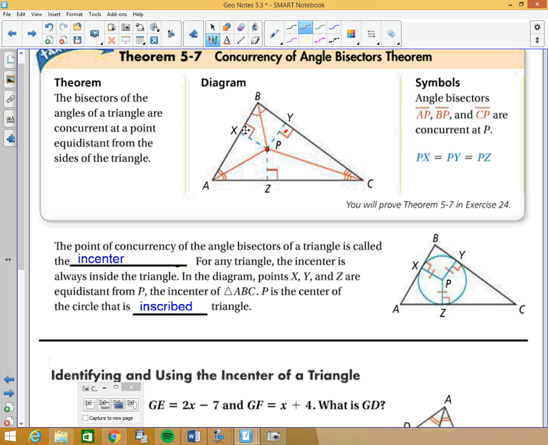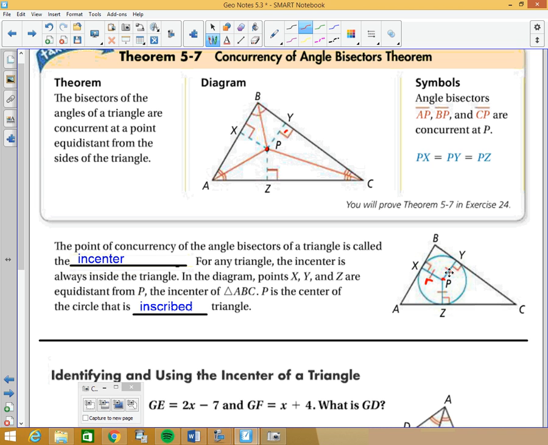Now notice these perpendicular segments are not segment bisectors, right? They don't bisect the actual sides. They are perpendicular to the sides from point P. And what happens if you look down here is that at point P, we've created these radius, or radii.